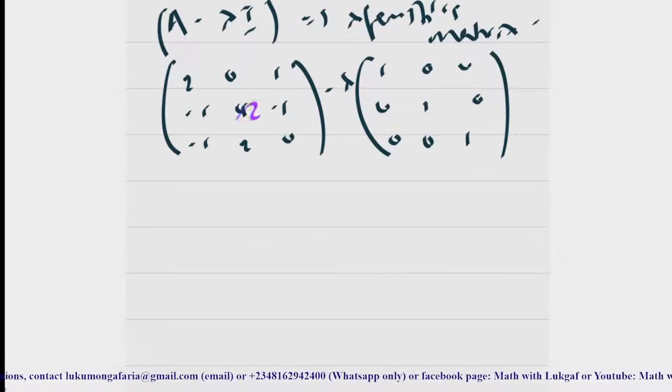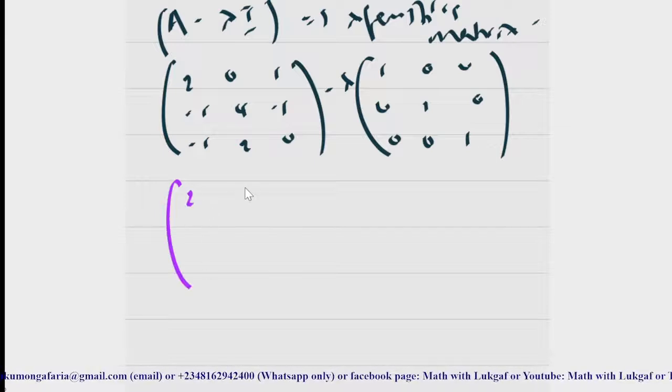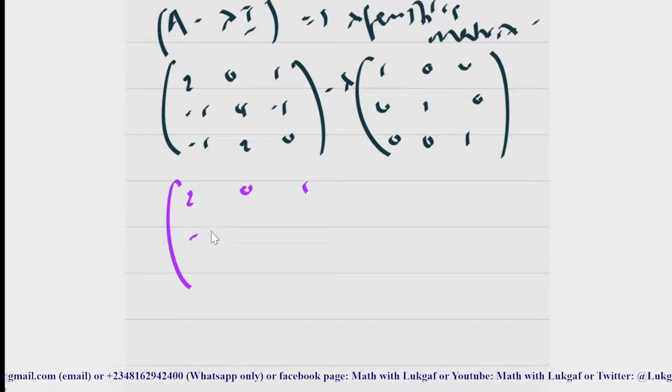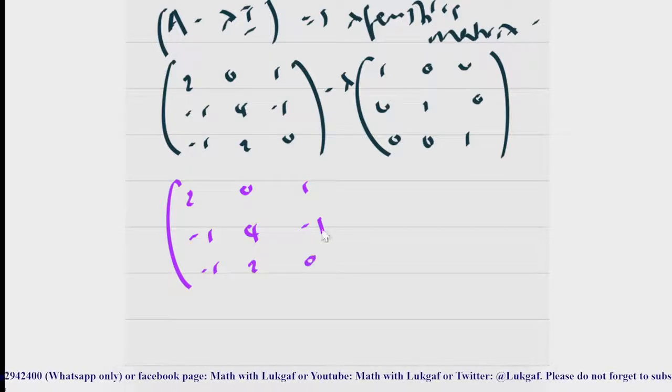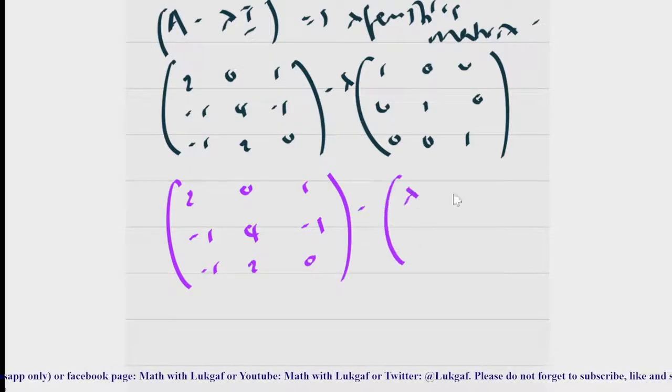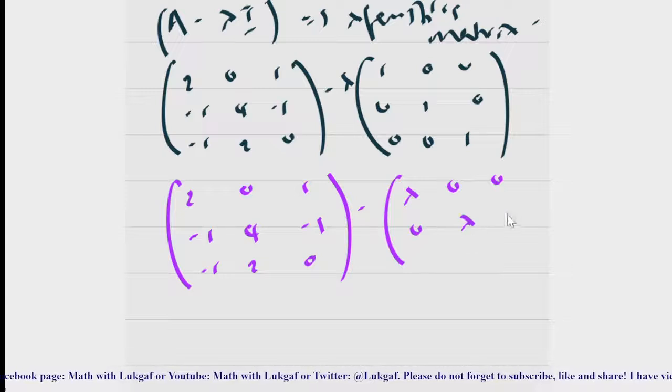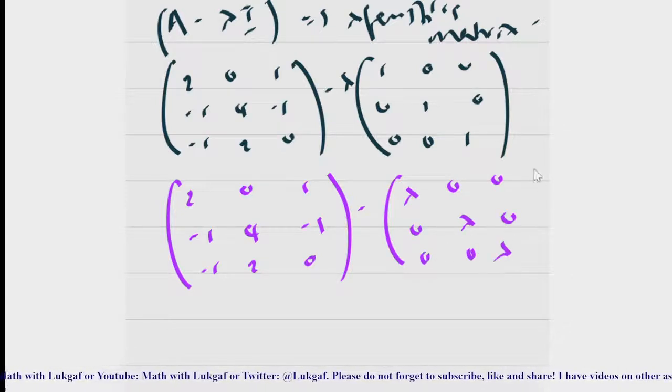So if you simplify further, I'm going to have 2, 0, 1, minus 1, 4, minus 1, minus 1, 2, 0, minus lambda 0 0, 0 lambda 0, 0 0 lambda.